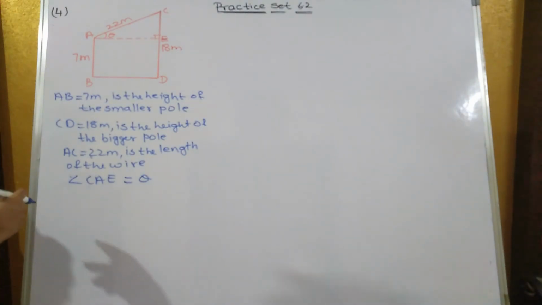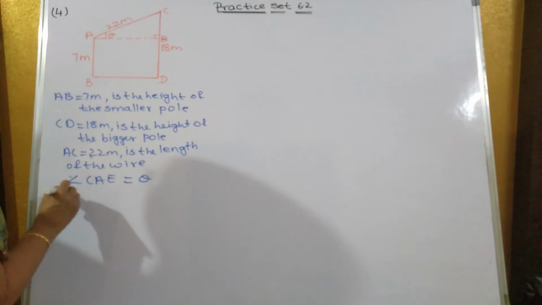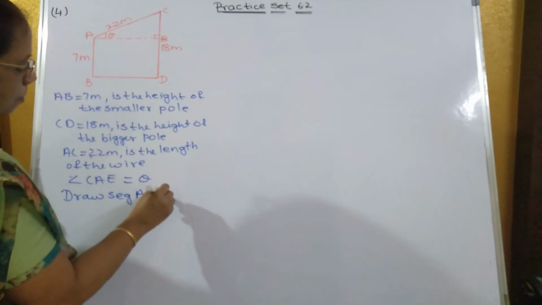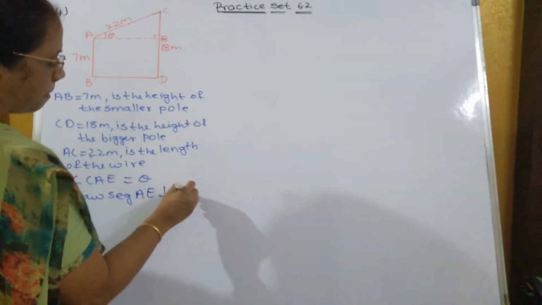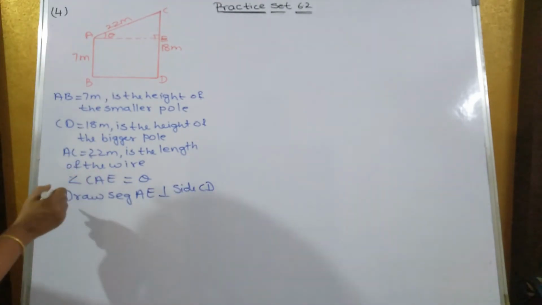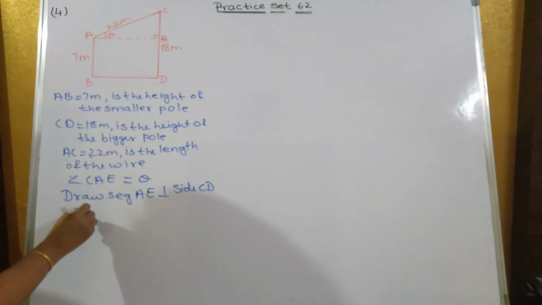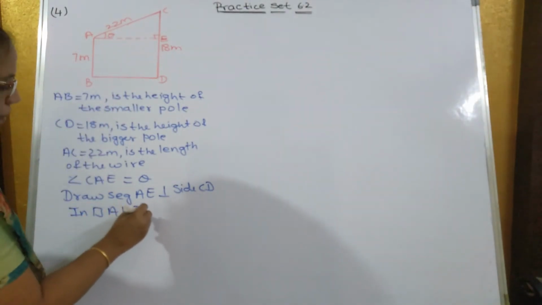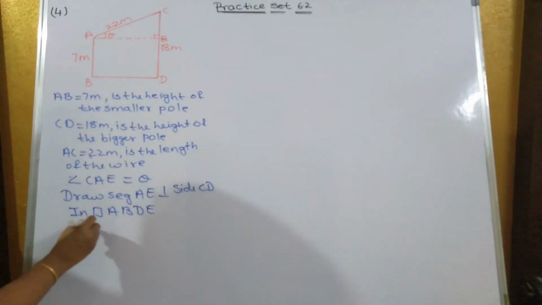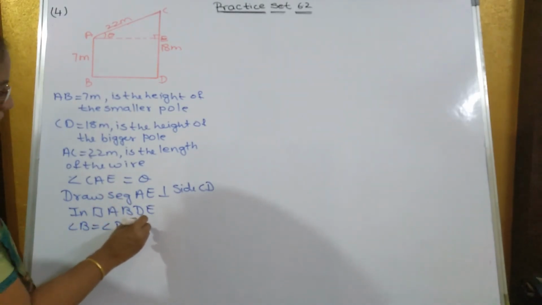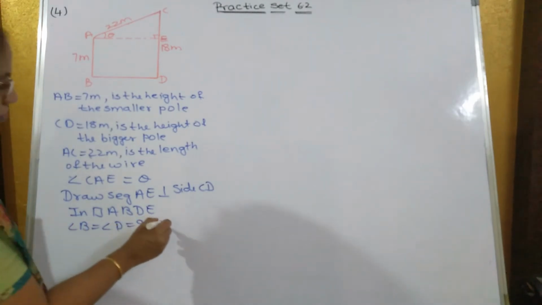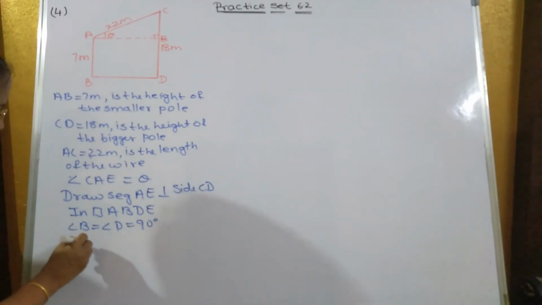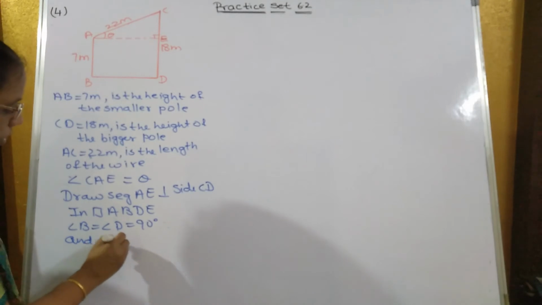Now draw seg AE perpendicular to side CD, and in quadrilateral ABDE, angle B is equal to angle D is equal to 90 degree, and angle E is also equal to 90 degree.